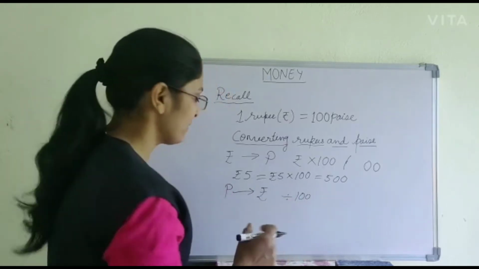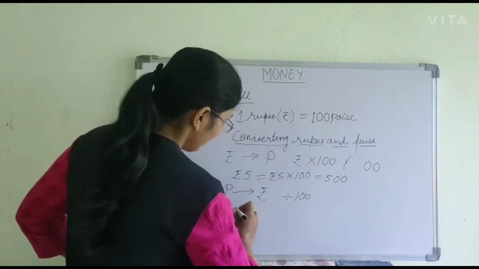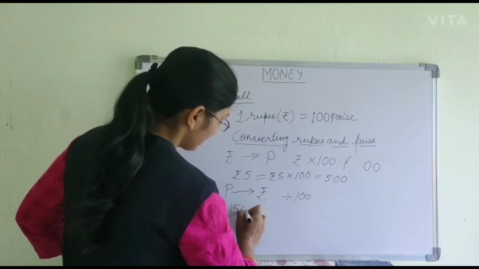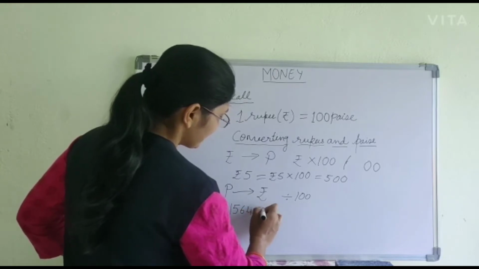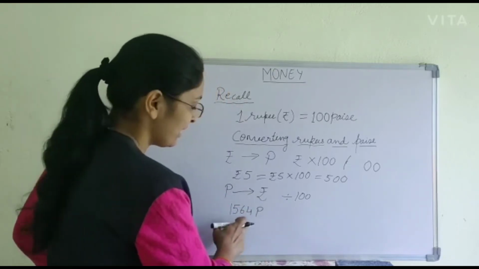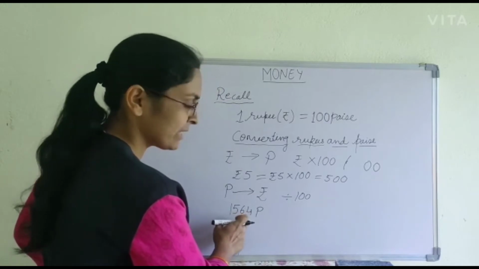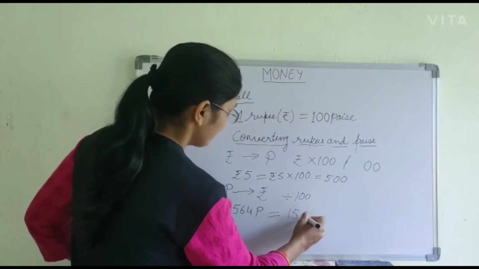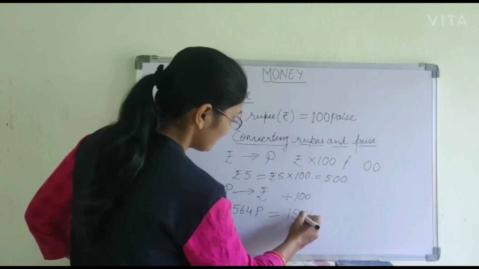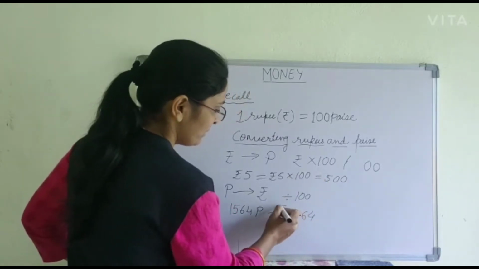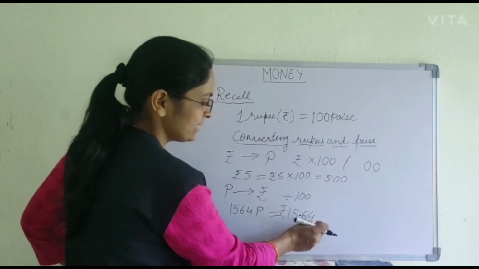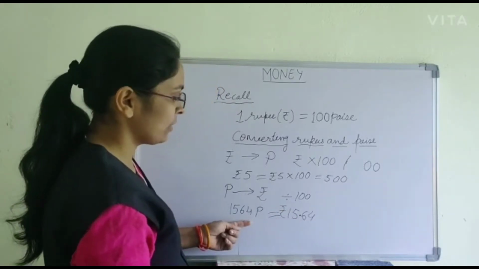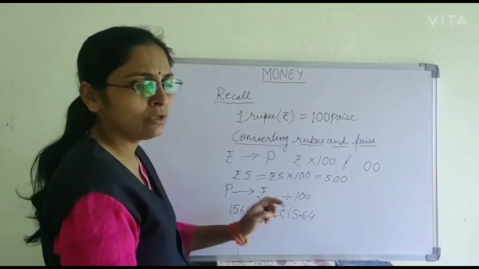I am taking the example 1564 paisa. So what we have to do? I have to divide this 1564 by 100, or simply I write 1564 again and put the decimal here, and the rupees sign. That means 15 rupees and 64 paisa. So I converted this paisa into rupees.